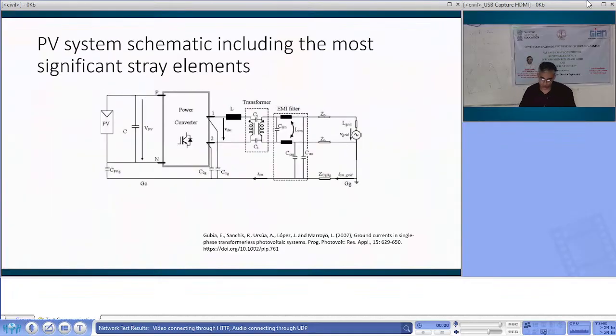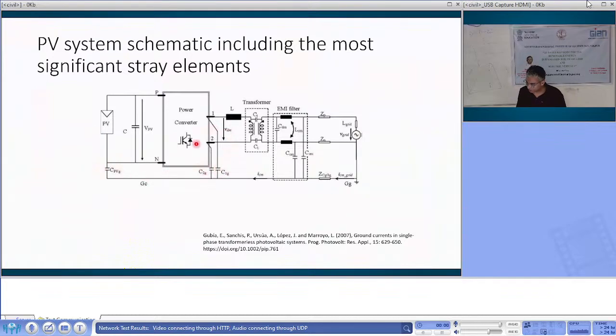Now the system is shown here with a transformer. So it is not only the parasitic capacitance which is shown here, but there are other capacitances also there.